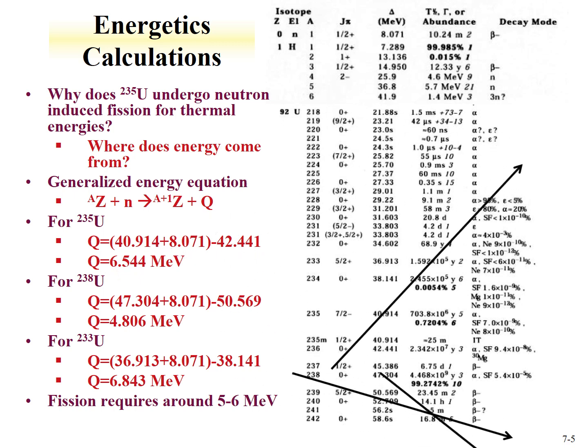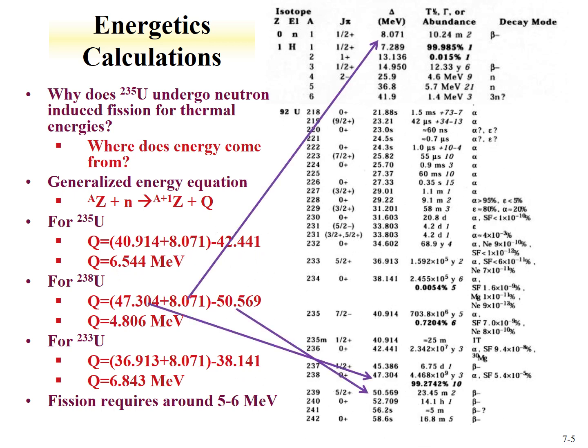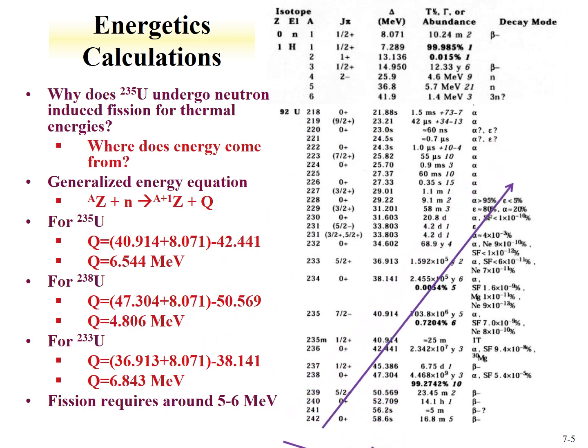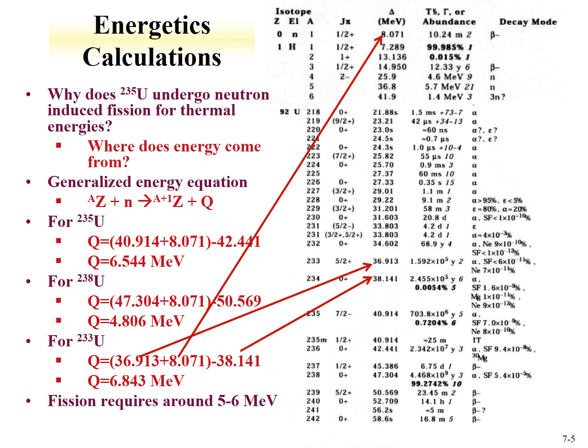For uranium-238, the data is shown here. So here's our Q value from the mass excess of uranium-238, uranium-239, and the neutron, giving us a Q value of 4.8 MeV. And then for uranium-233, the mass excesses are shown here, again for uranium-233, the neutron, and uranium-234.